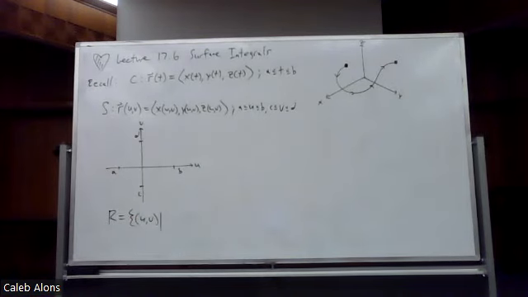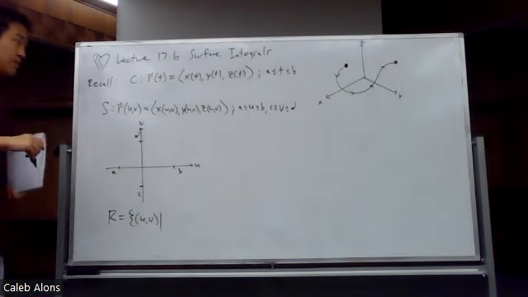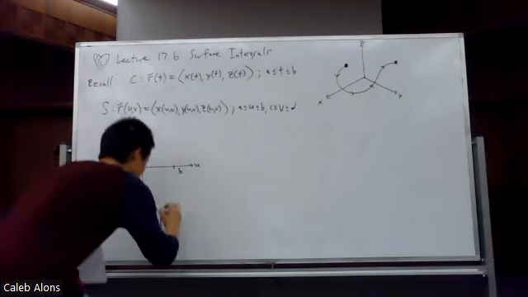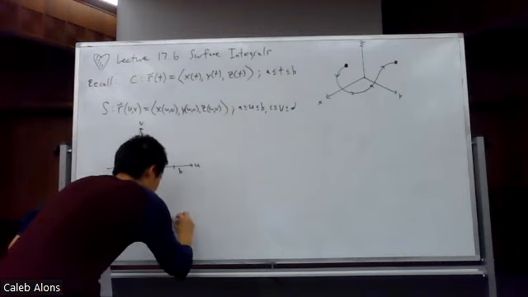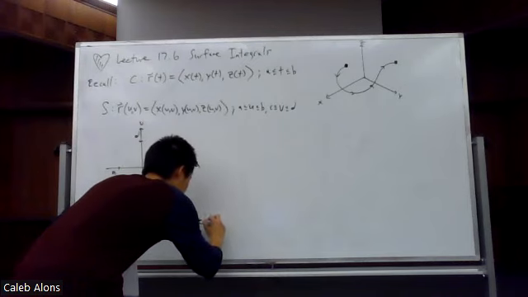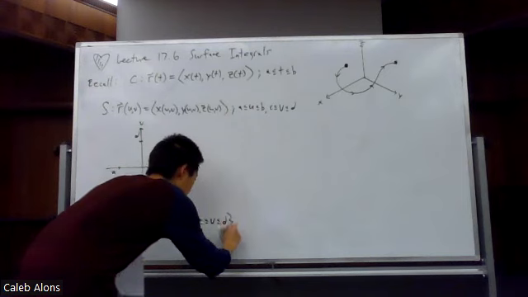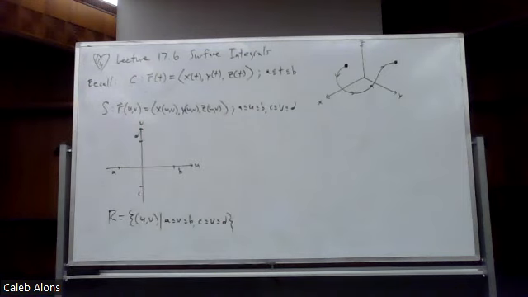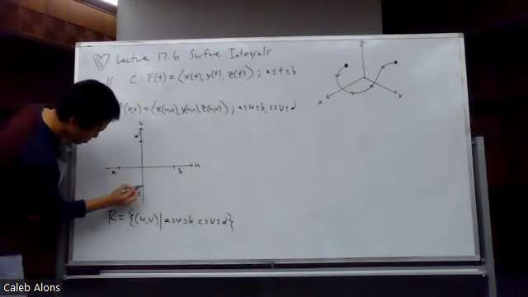This is going to look familiar to how we were talking about the double integrals over rectangular regions. We'll just say a is less than or equal to u is less than or equal to b, and c is less than or equal to v is less than or equal to d. And if we're going to draw that, can you see how this is going to sketch out?